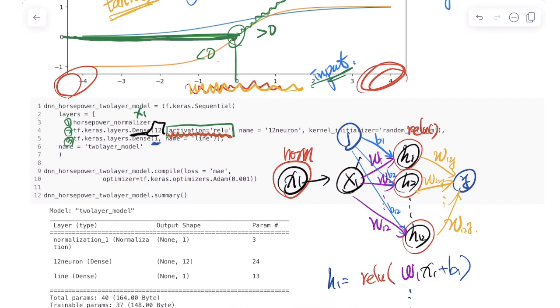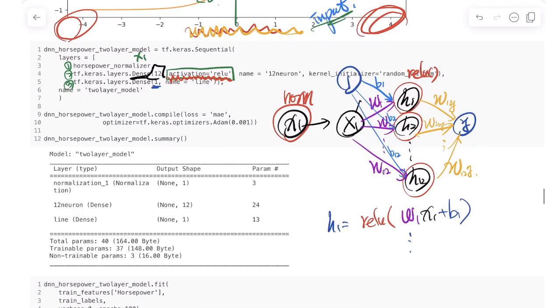And y equals W1y times H1 plus and so on up to W12y times H12.